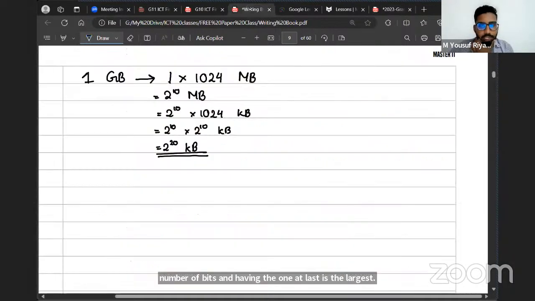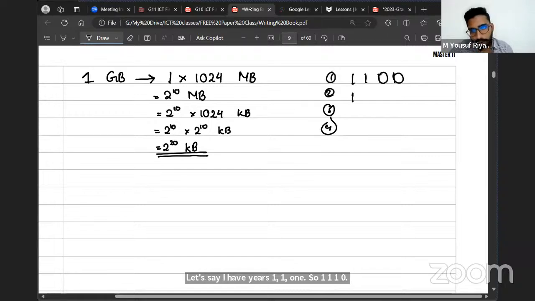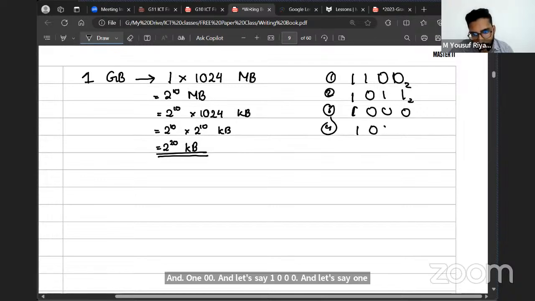Based on that, tell me, if I have options like these: 1, 1, 1, 1; 1, 1, 1, 0; 1, 1, 0, 0; 1, 0, 0, 0; and 1, 0, 0, 1. Out of them, what do you think is the largest?